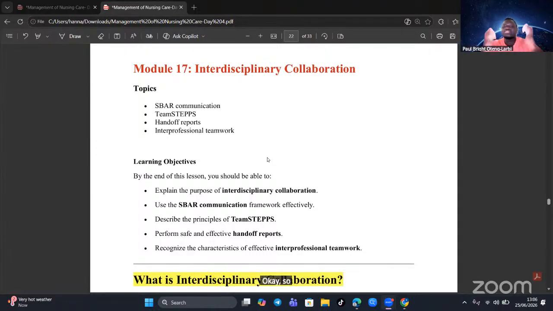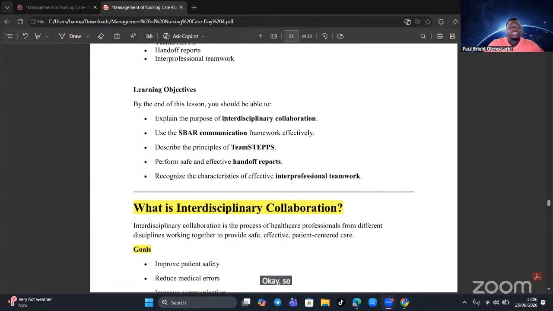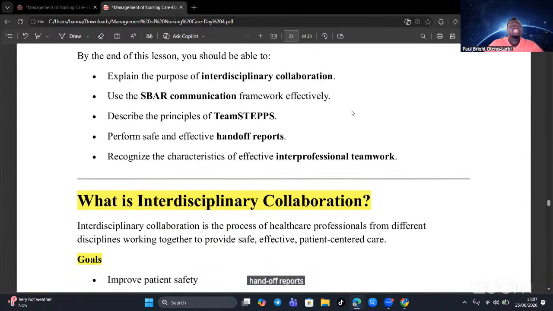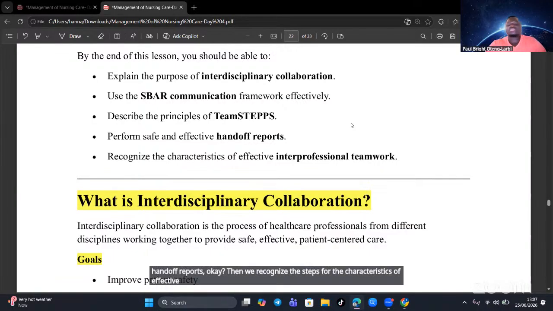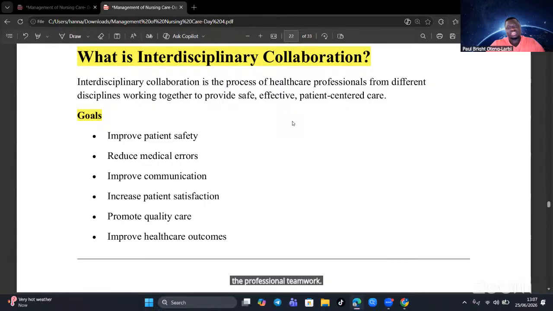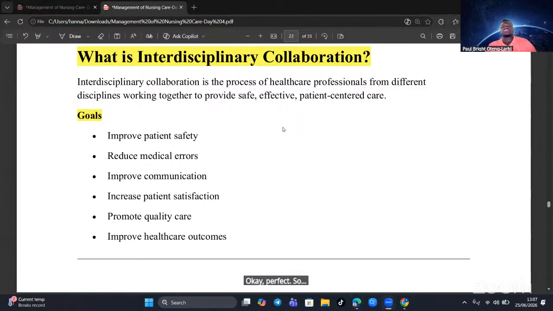We will know the purpose of this team, the reason why we need to collaborate with other health workers. We will know the purpose of SBAR, describe the principles of TeamSTEPPS, and perform safe and effective handoff reports. Then we recognize the characteristics of effective interprofessional teamwork. Perfect. So let's finish this quickly, then we are done for the day.